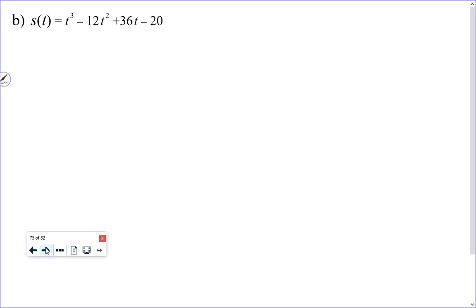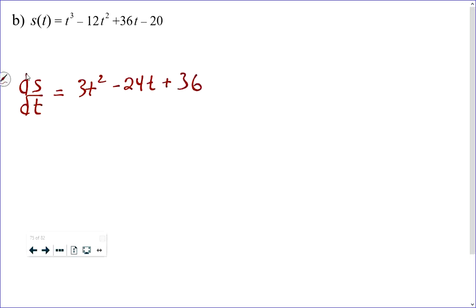Let's find the derivative. I'm going to use Leibniz's notation this time. ds dt is equal to 3t squared minus 24t plus 36. And now, finally, what are we always supposed to do with derivatives? Factor them. This is why we're factoring them, so we can put the separate factors into a derivative table.